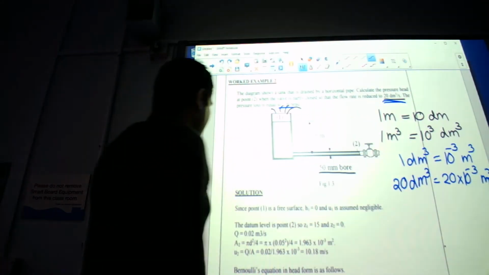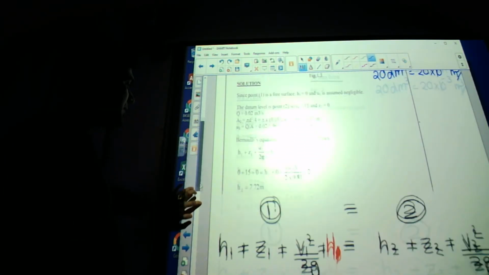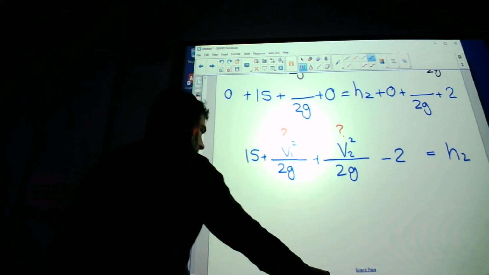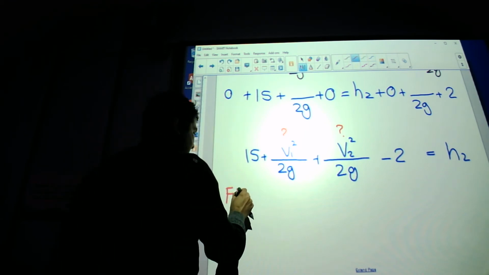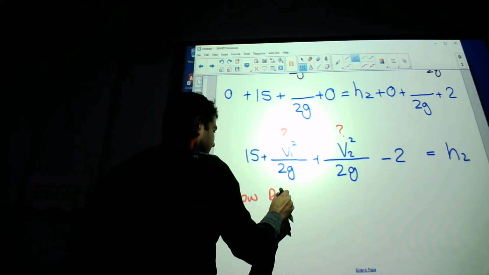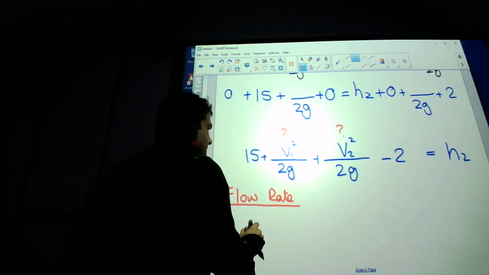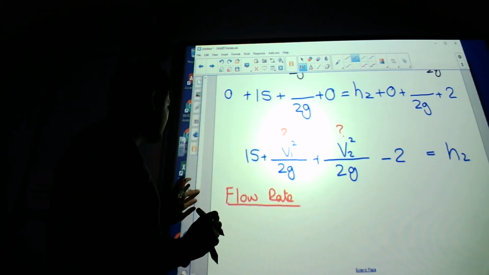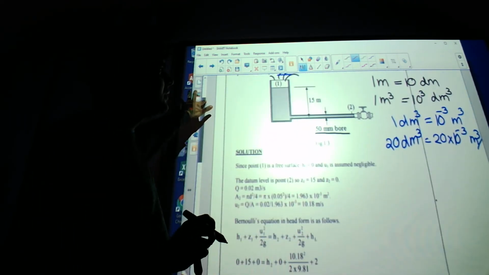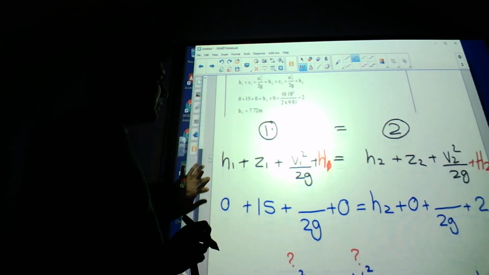So now the flow rate, I'm going to call it Q. Let me see, is it the right conversion? Yeah, that's right.